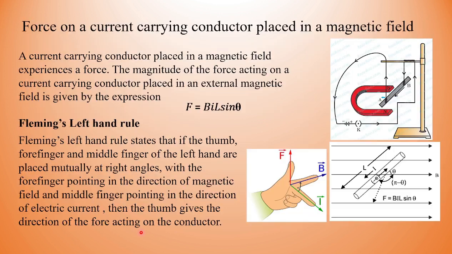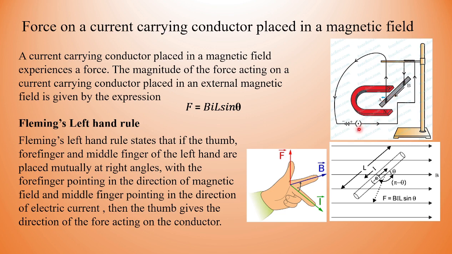Now, suppose a current carrying conductor is placed in a magnetic field. In the figure you can see a permanent magnet, and we suspended a conductor with some arrangement, and the two ends of the conductor are connected to an external source of EMF. When we insert the key, current flows through the conductor. So now this current carrying conductor is in a magnetic field.